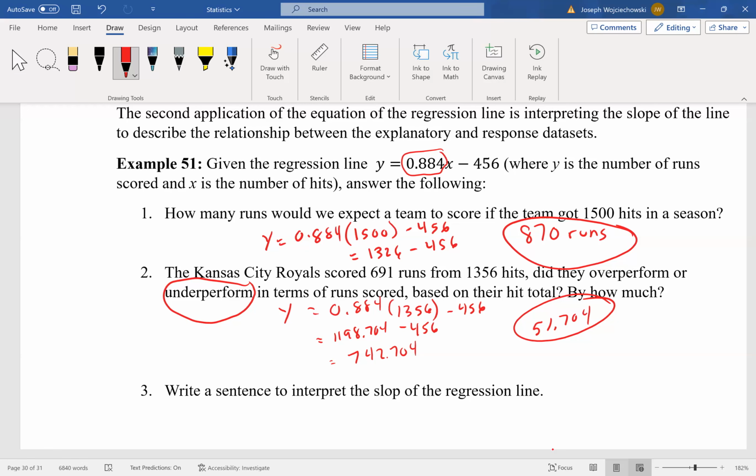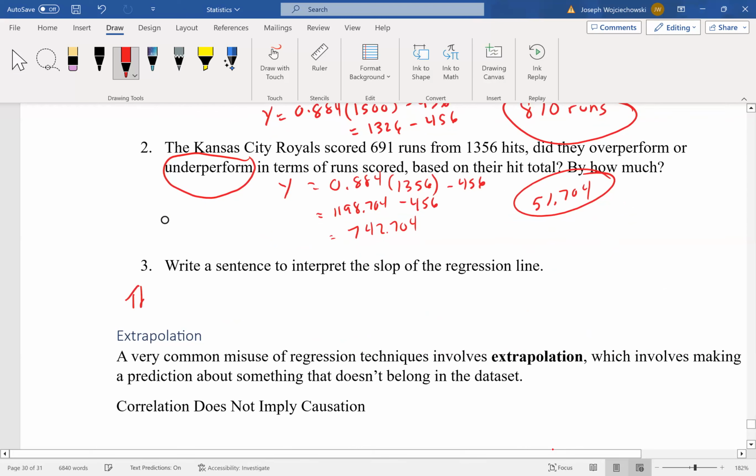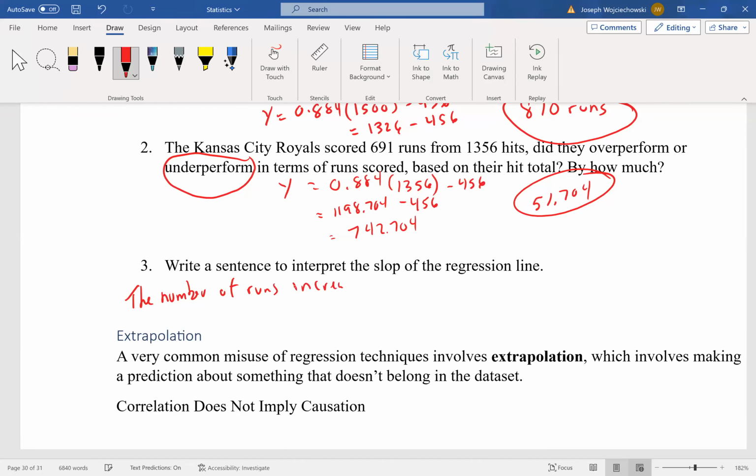So we could write something like: number of runs increases by 0.884 for every additional hit.